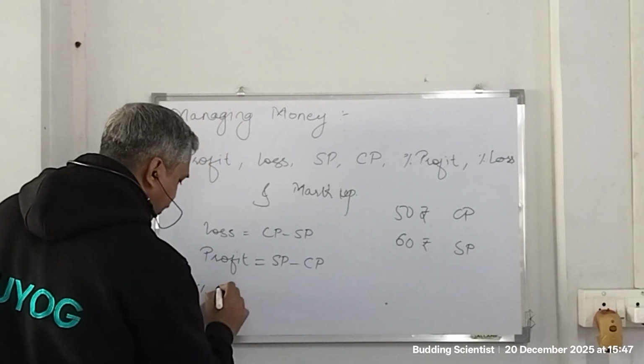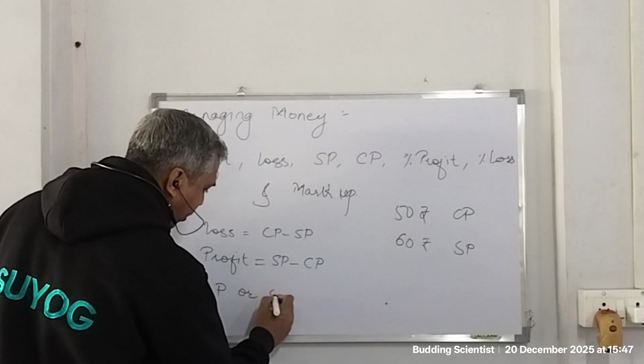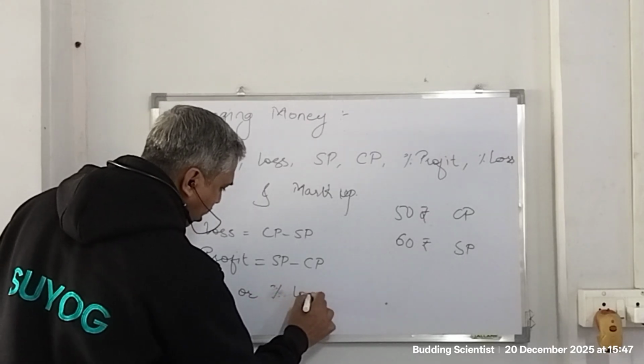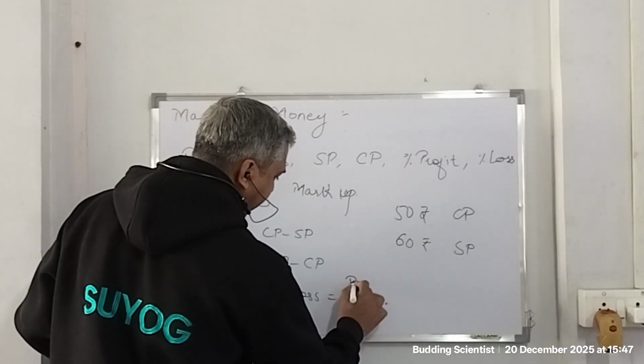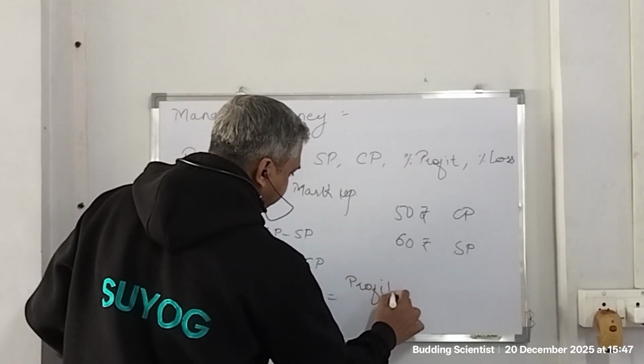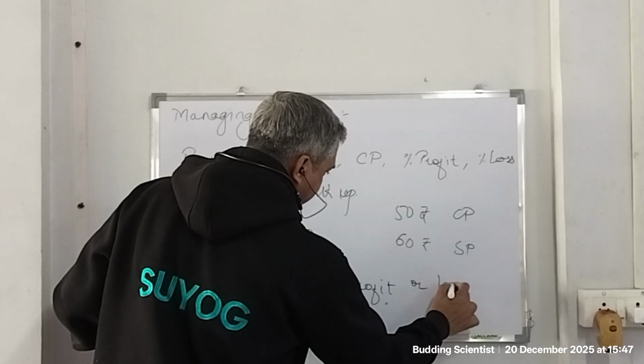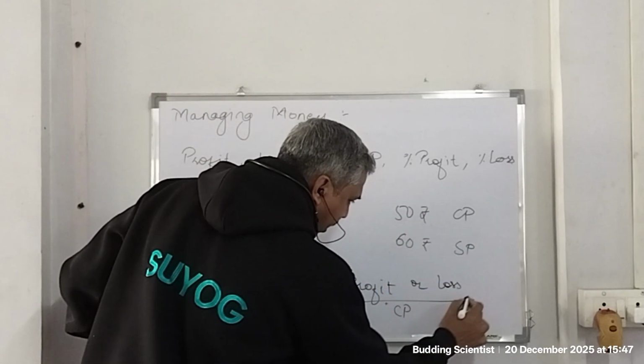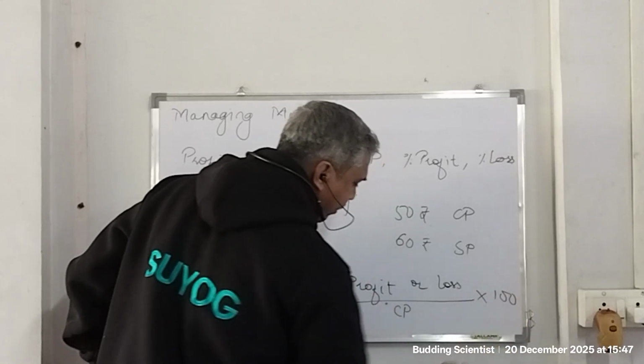Percentage profit or percentage loss will be equal to profit or loss divided by the original investment CP, multiplied by 100.